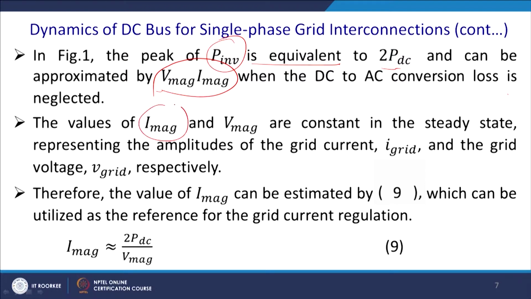The values of IMG and VMG are constant in the steady state, representing the amplitude of the grid current I grid and the grid voltage V grid respectively. Therefore, the value IMG is estimated by the equation I shall show later, which can be utilized as a reference for the grid regulation. This equation will be 9. So, IMG equals essentially 2 PDC by VMG.